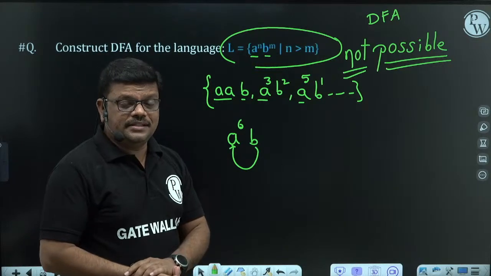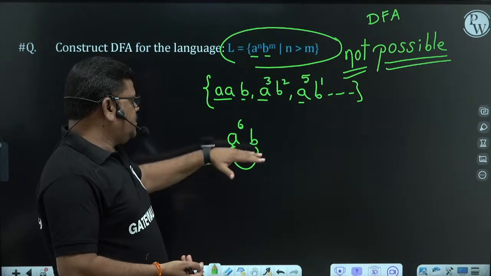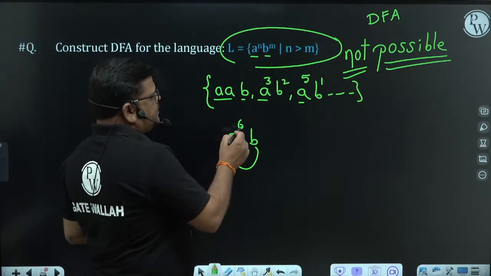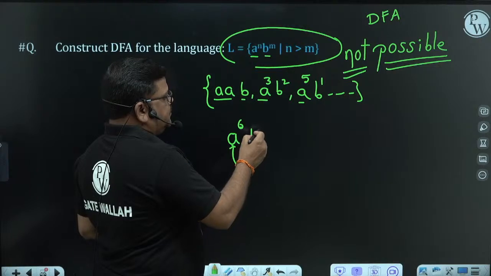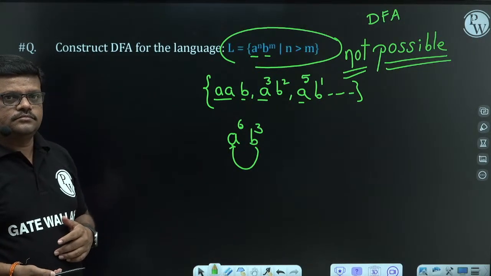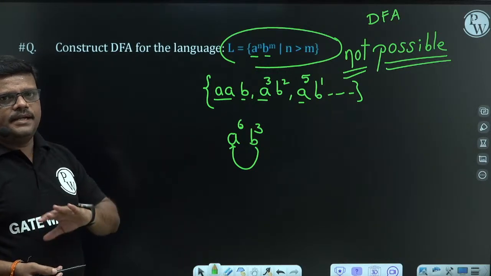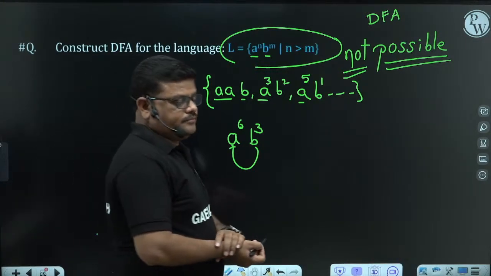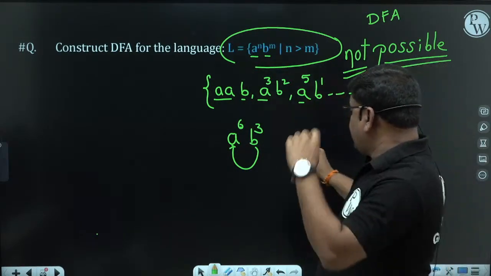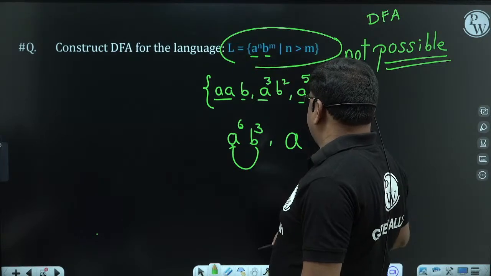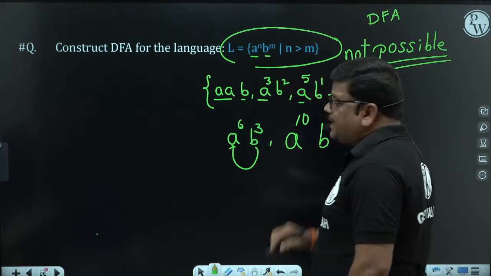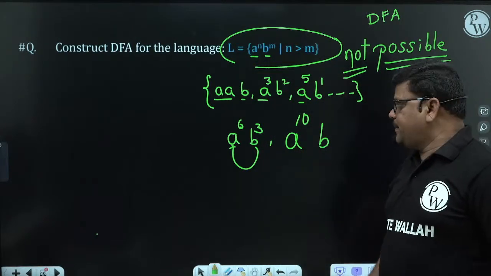That means whenever dependency is there to generate the string, to generate the number of b's here, we need to check how many a's are there. So if a's are 6, definitely b's are less than this. That means I can generate 4, 5, 3 like this. So for such type of languages, DFA is clearly not possible. That is the meaning. Comparison exists means this. So here if I want to generate one more, number of a's are 10. How many b's can I generate? Definitely less than 10 because a's are more here.